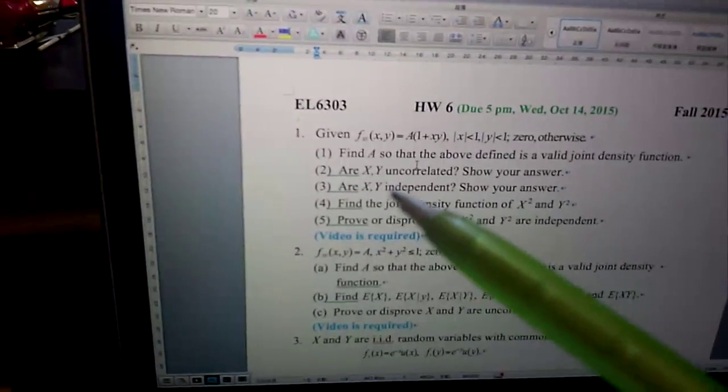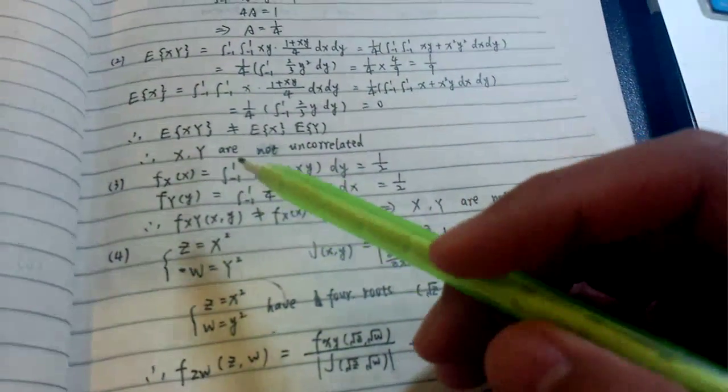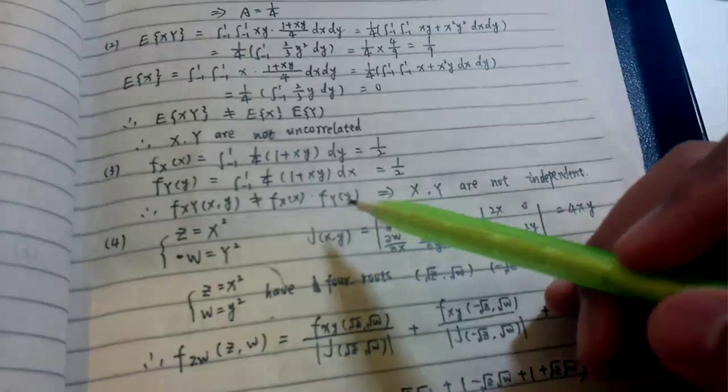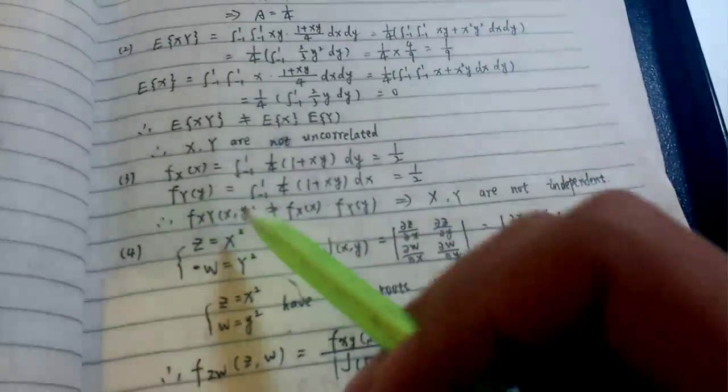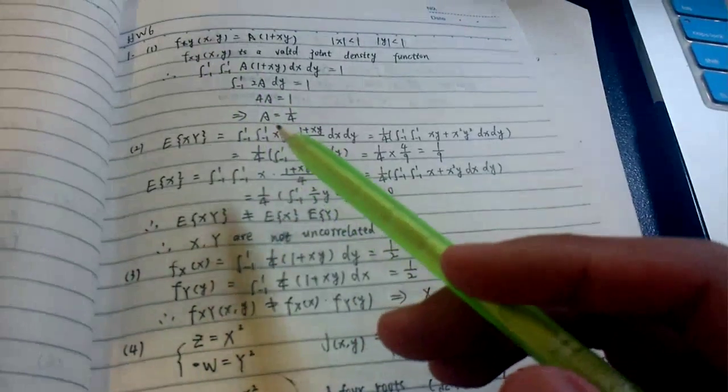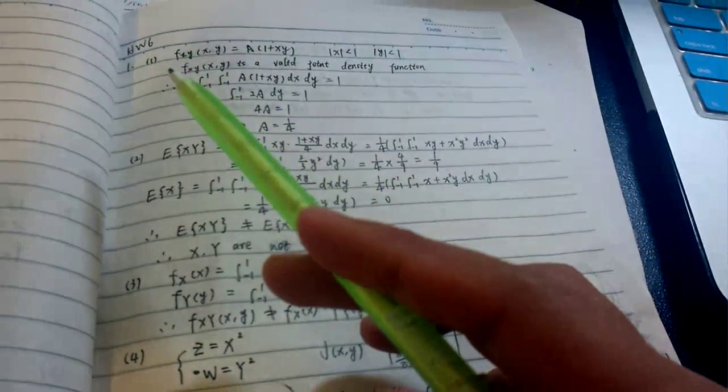Then the third part asks whether X and Y are independent. So we must check whether f(x,y) equals f_X times f_Y. We can get f(x,y) as given from the first part.